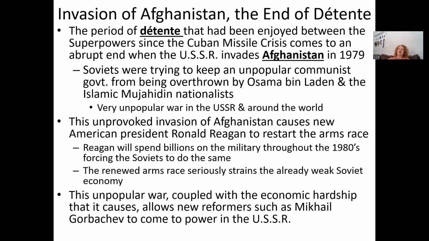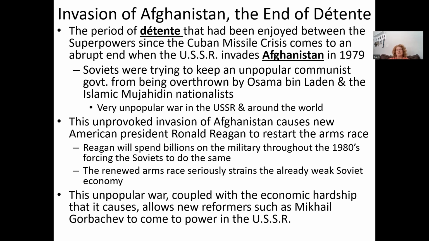But in 1979, when the USSR invades Afghanistan, they're trying to prevent the little unpopular communist government from being overthrown by Osama bin Laden. So kind of an interesting thing when you think about, wonder what would have happened in the history of the United States if he had been overthrown and there was communism there.